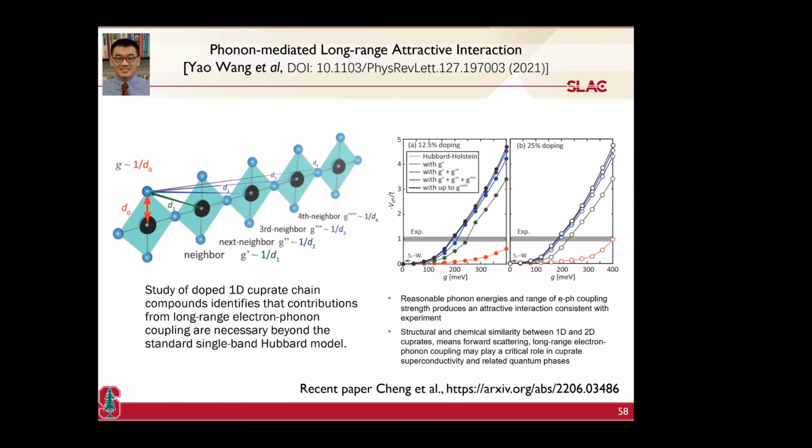And let me just say that Tom's group now has also 2 papers published, and that's really the serious work they did. The first one is to see what happens if, instead of on-site electron-phonon interaction as in the Holstein model, you use the next neighbor attractive interaction.